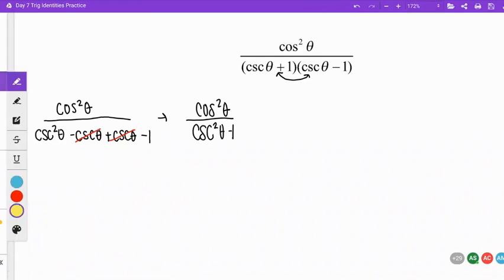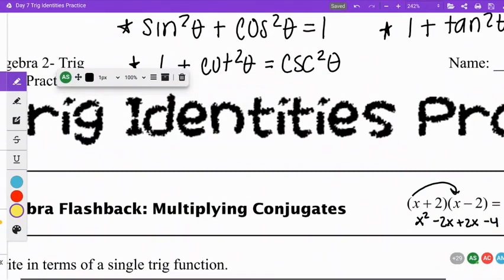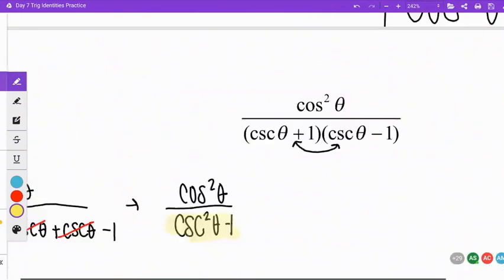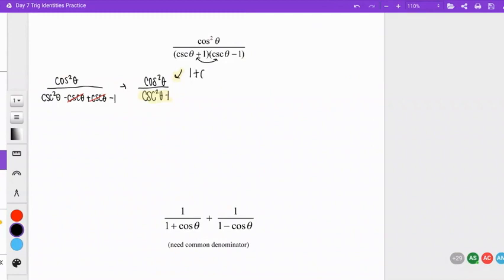Now, this for us is a Pythagorean identity. Cosecant squared minus 1 relates to the second Pythagorean identity, 1 plus cotangent squared equals cosecant squared.